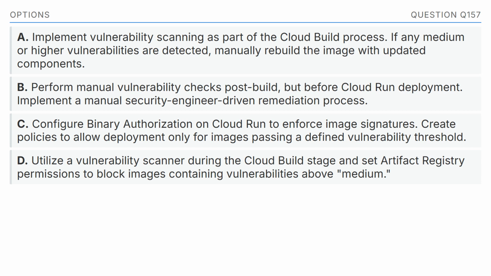Option C, configure binary authorization on Cloud Run to enforce image signatures. Create policies to allow deployment only for images passing a defined vulnerability threshold. Option D. Utilize a vulnerability scanner during the Cloud Build stage and set Artifact Registry permissions to block images containing vulnerabilities above medium.